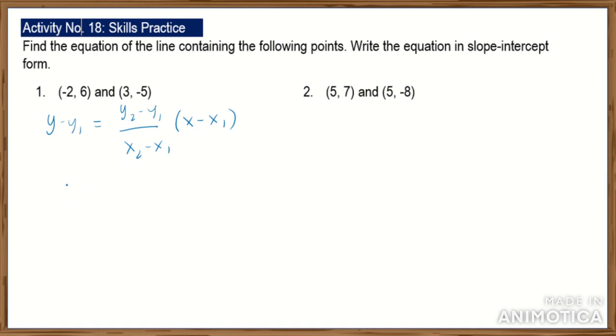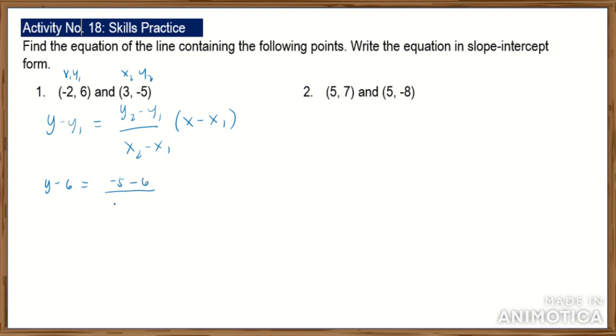So, what we're going to do is label the coordinates first to avoid confusion during the substitution process. We have y minus y sub 1, which is 6, equals y sub 2, which is negative 5, minus y sub 1, which is 6.